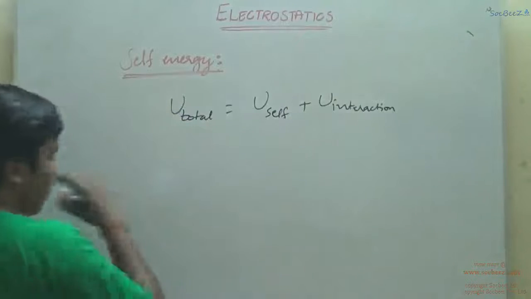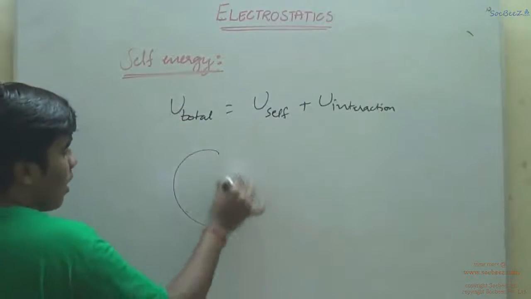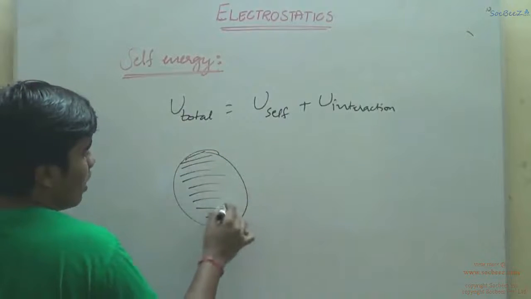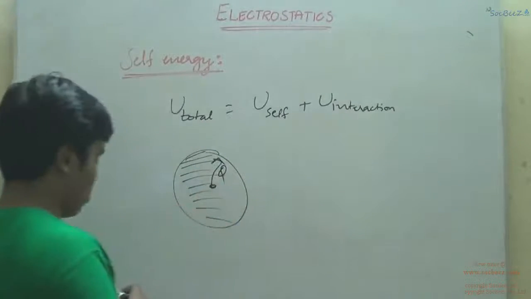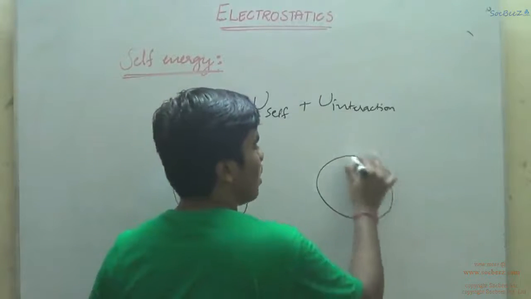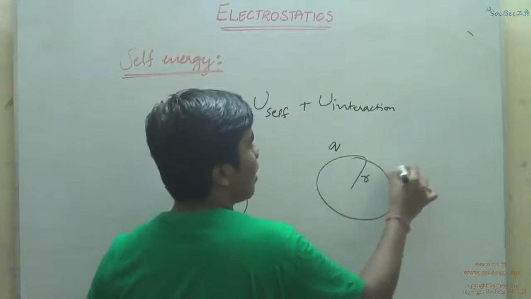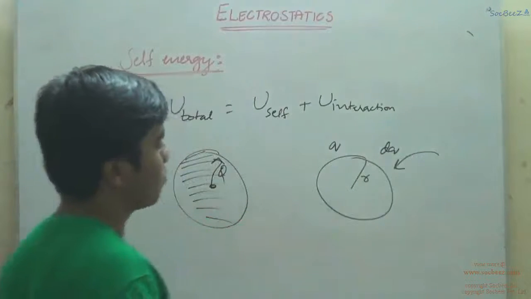Now how do we find out the self energy? See, I'll give you an example of finding the self energy for a solid sphere, which can be applied to any other body. So let there be a solid sphere of charge Q. At some instant, we say that the charge is small q and the radius is r, and there is the intake of a further charge of dq.